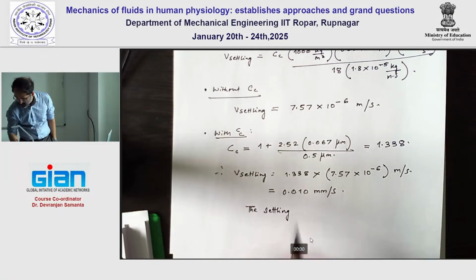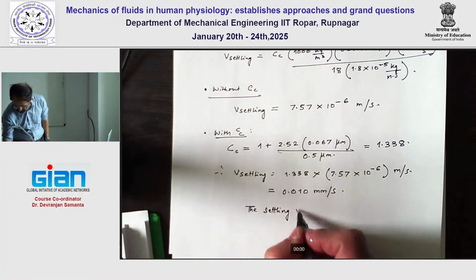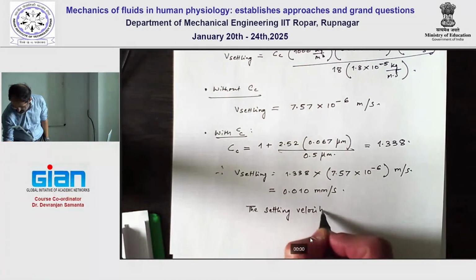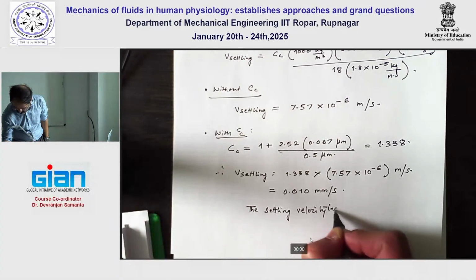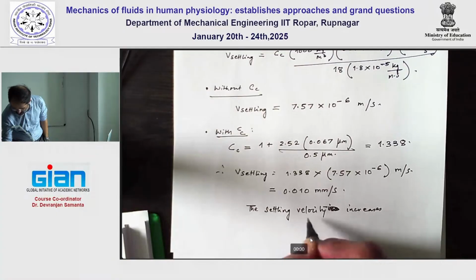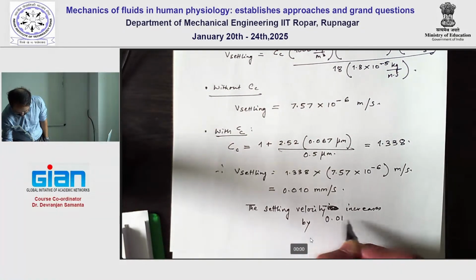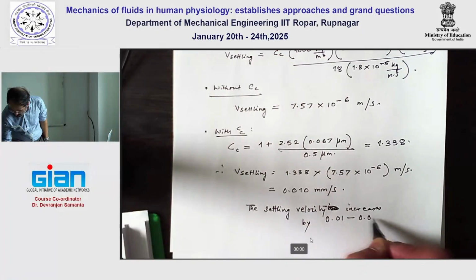If you do consider the effect of the slip or not, the settling velocity just changed by quite a bit. So the settling velocity increases, it is 0.01 minus 0.00757.